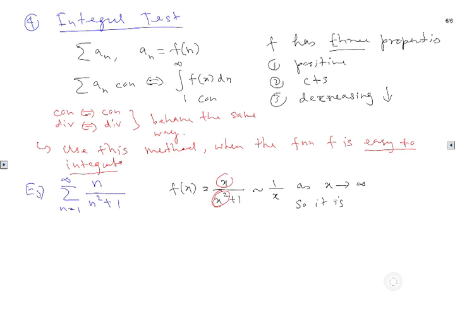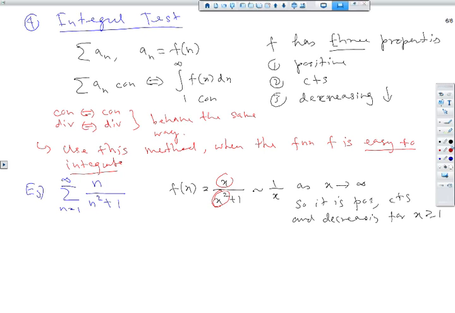It is positive, continuous, and decreasing for any x greater than or equal to 1. We can look at 1 over x, but the discontinuity is at 0. We don't worry about 0, because you can always consider larger values, but you need to at least mention that. So it satisfies all three properties. That means we can use the integral test here. So let's try to finish the problem now.